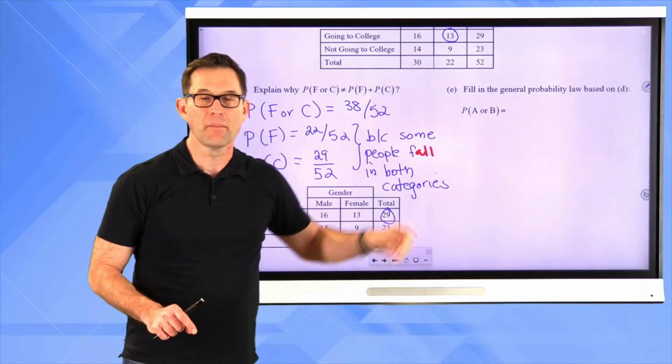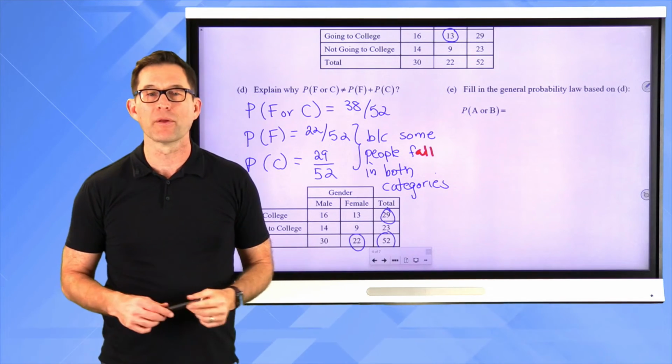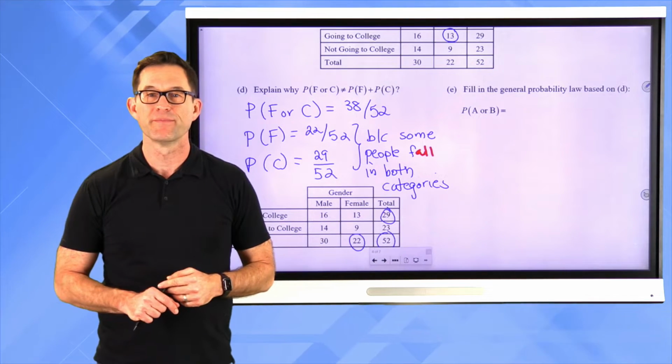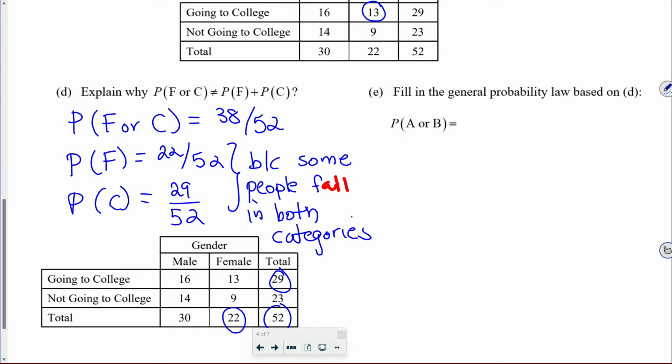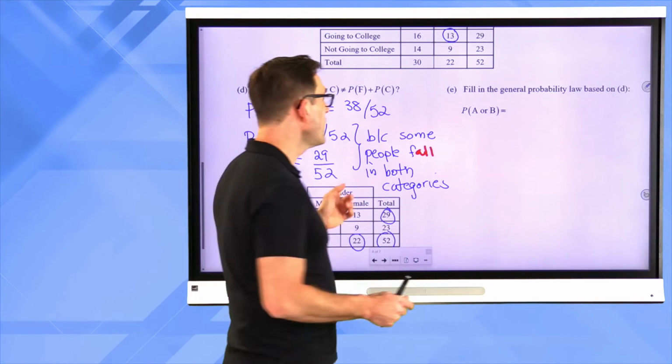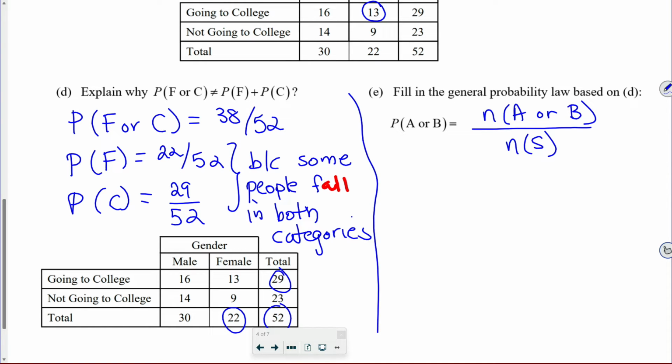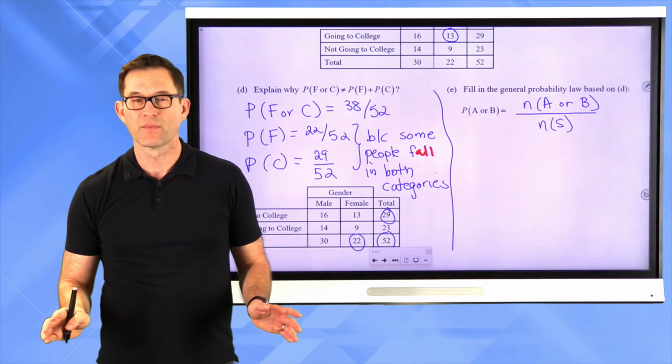But now we can come up with a probability formula based on our count formula, right? So let's take a look at letter E. Fill in the general probability law based on D. All right, so we know that the probability of A or B is going to be the number of people in A or B divided by the number of things in our sample space. We know that. All right.